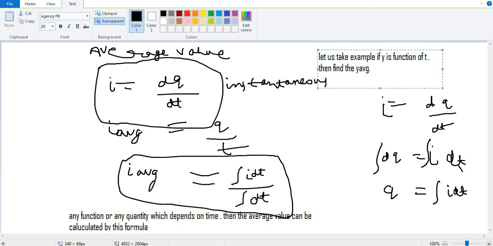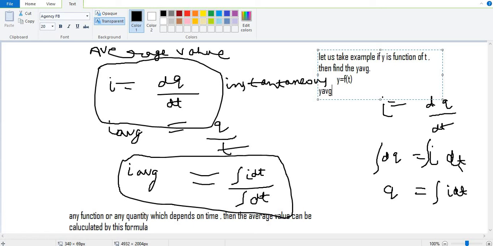As we already know, y is a function of t, y is equal to f of t. So if y is a function of t, then what is the formula?